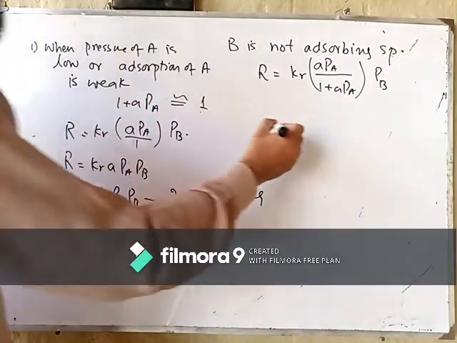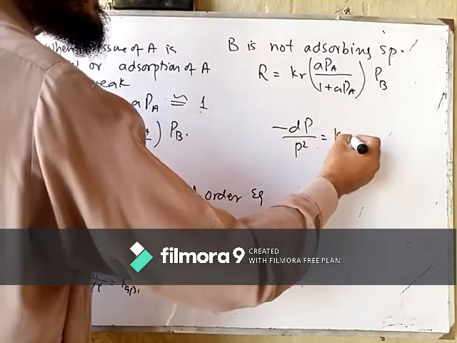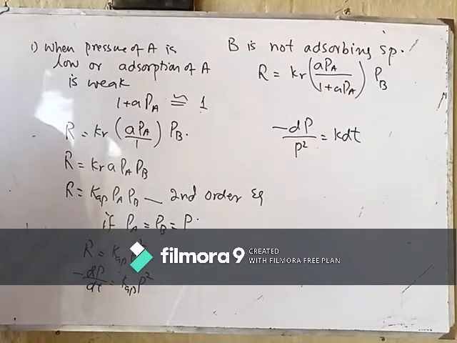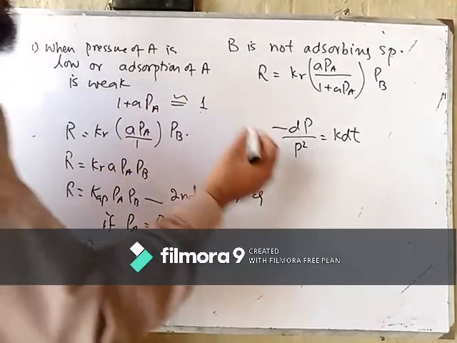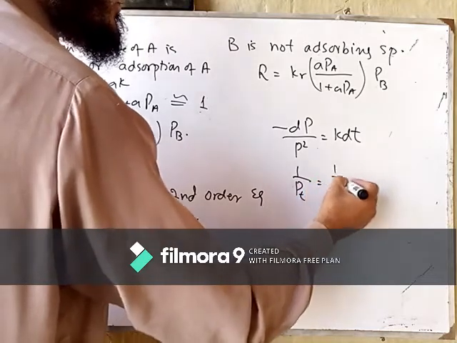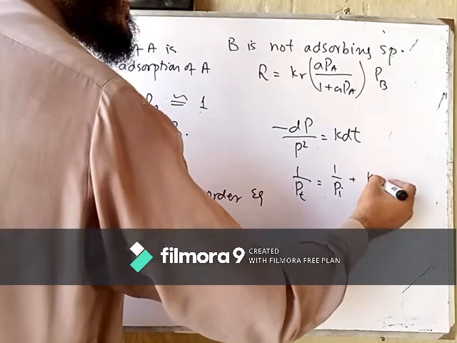It can also be written as minus dP divided by P square is equal to K dt. Now if we integrate this, we get 1 over Pt is equal to 1 over Pi plus Kt.